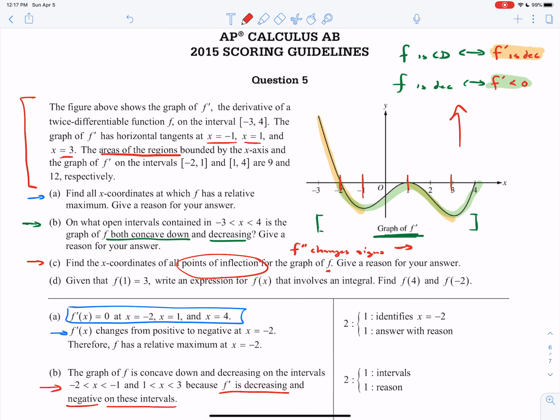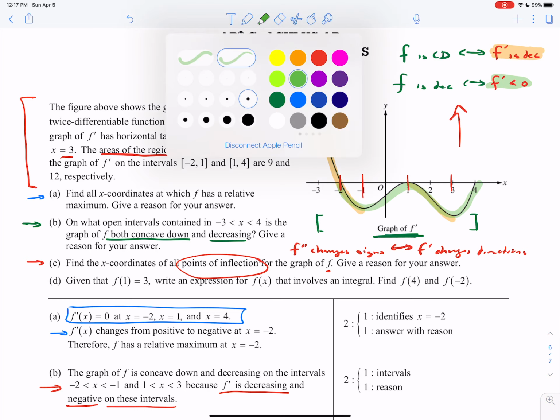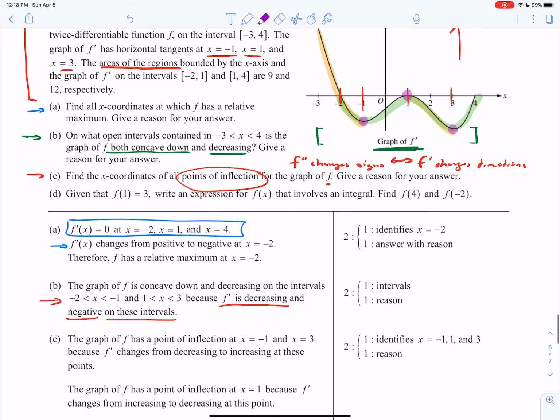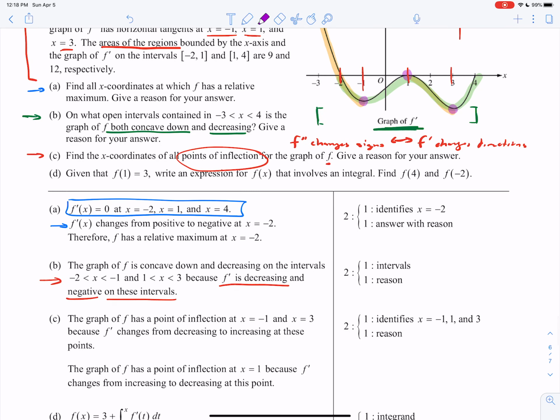So this is equivalent to saying where f prime changes directions. How often does this graph of f prime change directions? It should be 3 different times. One right here, and right here. So that indicates that there's going to be 3 points of inflection.